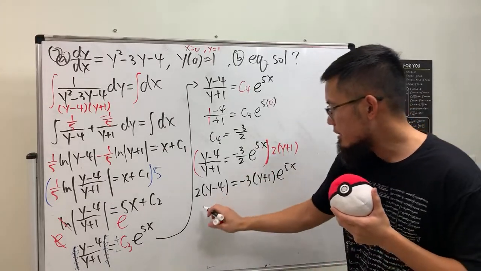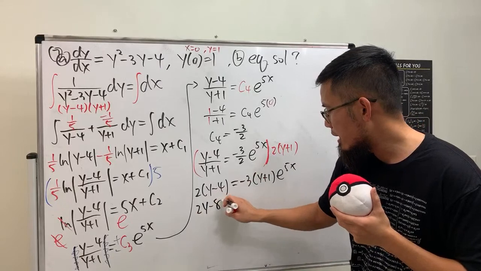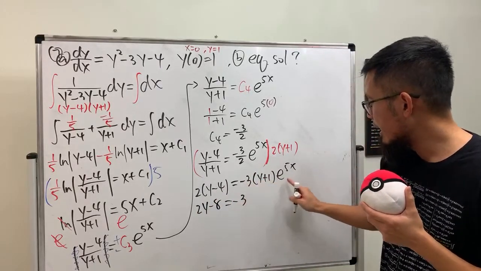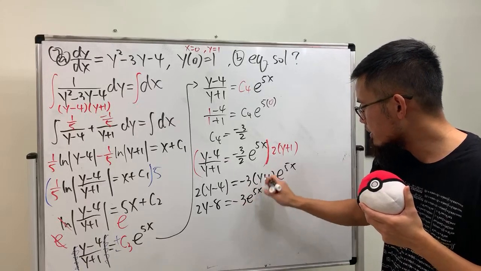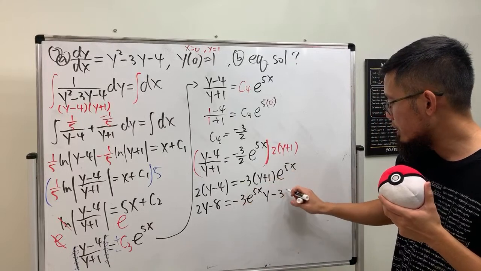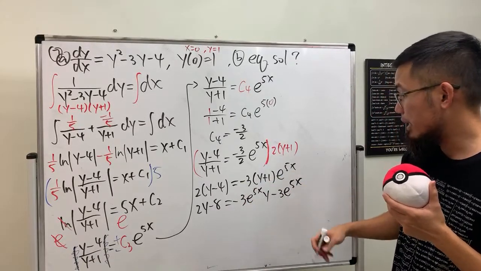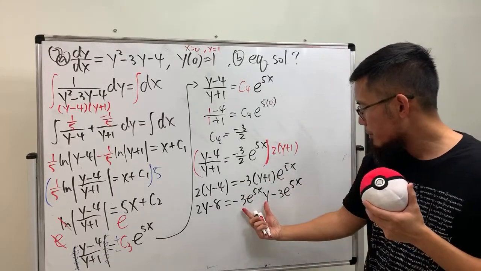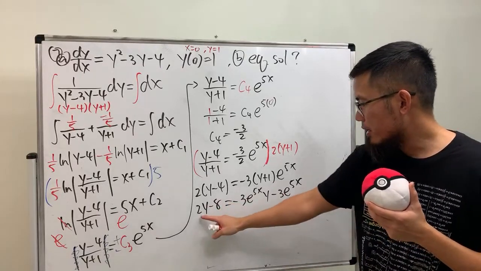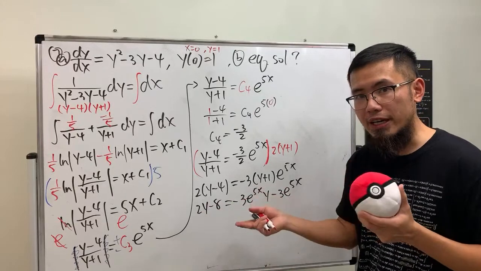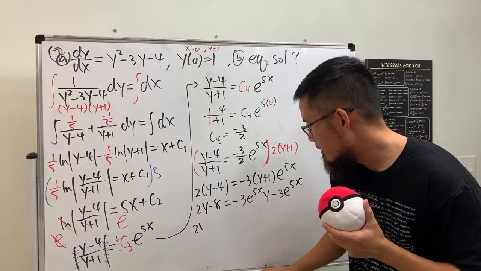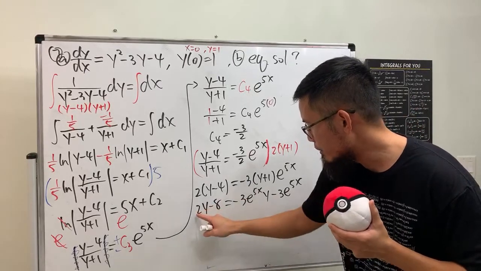So this is 2y minus 8 equals negative 3 e to the 5x times y, plus negative 3 e to the 5x. Now I'm going to move this to the other side, and I'm going to move this to the other side. Because they both have the y, I'll also factor it out. So I will have 2y, but the y will be factored out.